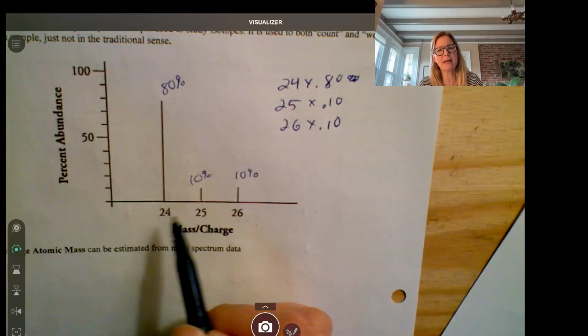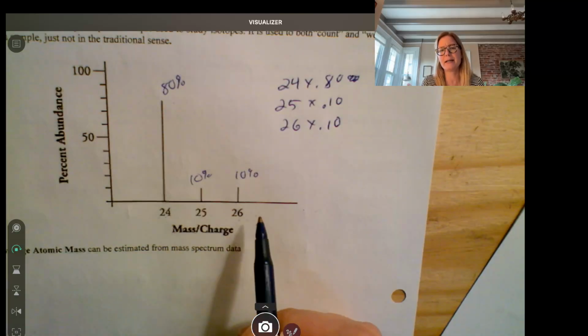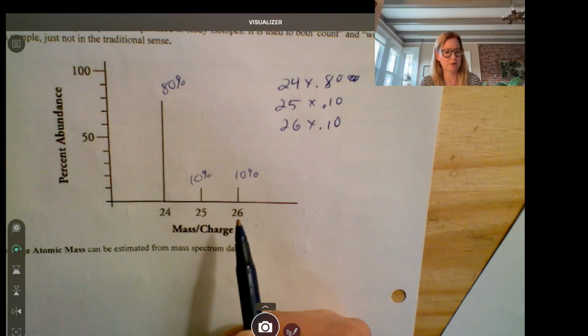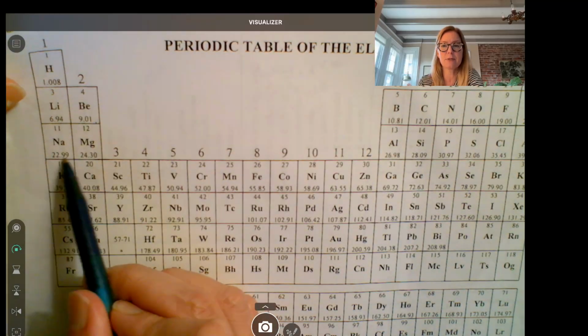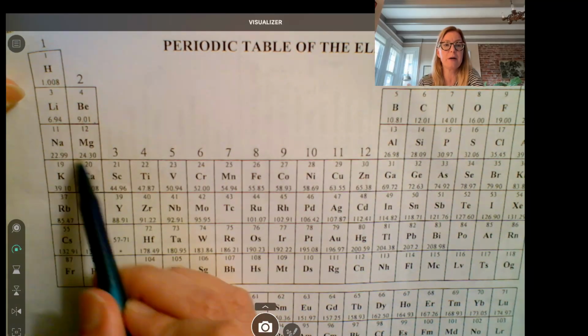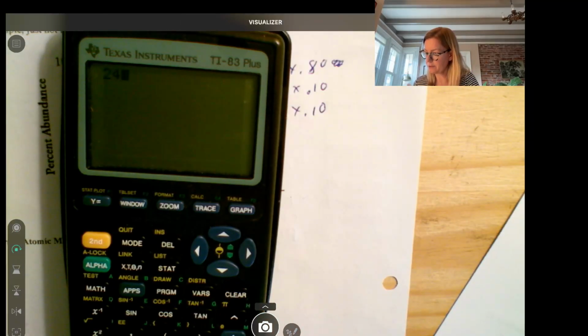So we would expect the average atomic mass to be a little bit higher than 24, okay, but not past 25 or towards 26. So if you look on your periodic table, we can see this is 22.99, 24.30. It's probably this one. It's probably magnesium. So let's go ahead and type that in. So 24 times 0.8 plus 25 times 0.1 plus 26 times 0.1.